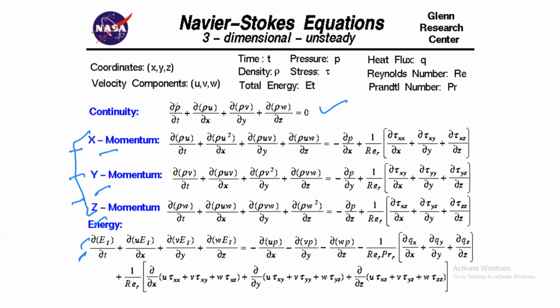If you notice, you can see the variables in the Navier-Stokes equations. This is the density, and density changes with respect to time, so this is the time derivative. You can see these are the space derivatives.